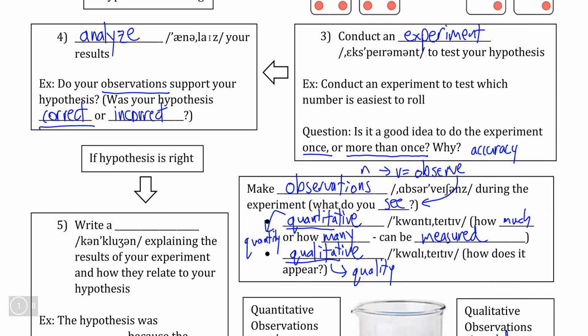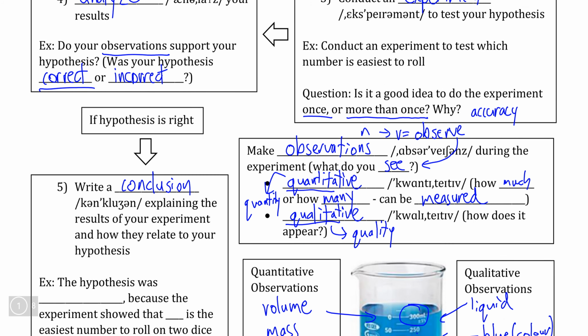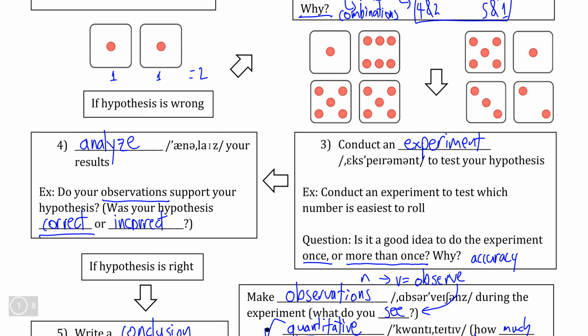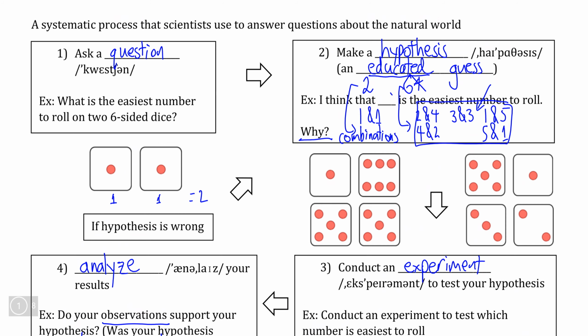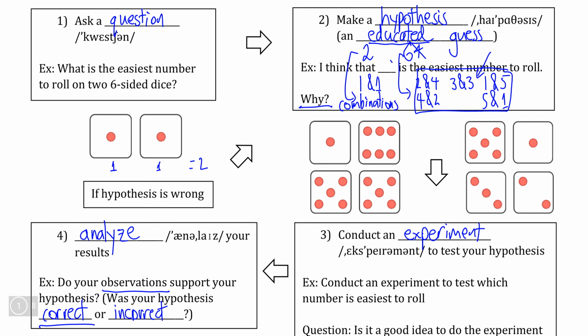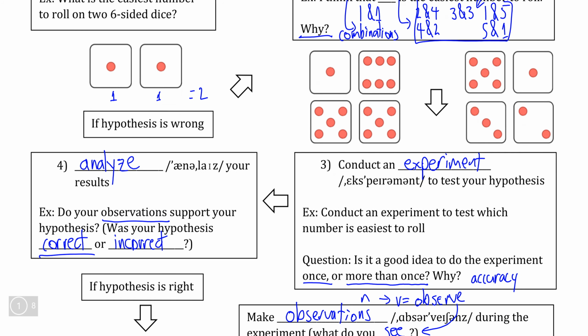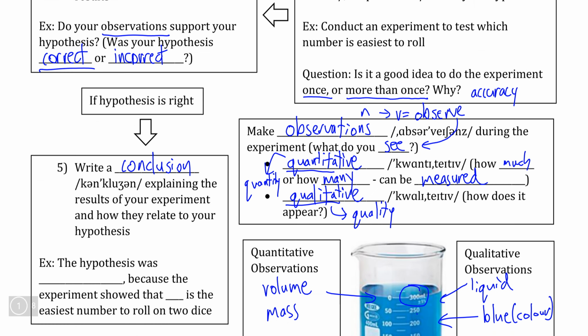If our hypothesis is correct, if they match the data that we observed, that means that we can write a concluding statement or a conclusion about the importance of this experiment, explaining that the observations that we made match the hypothesis that we made, and match because our explanation about why the hypothesis is there is consistent with the results that we saw.